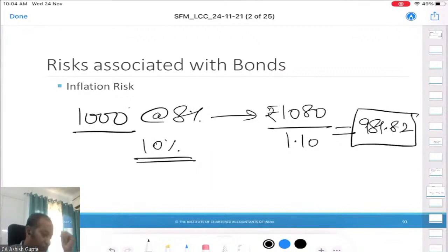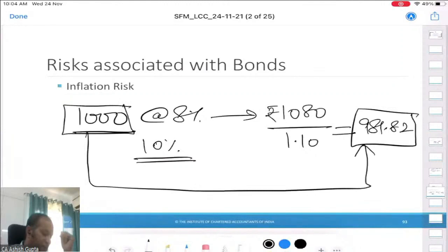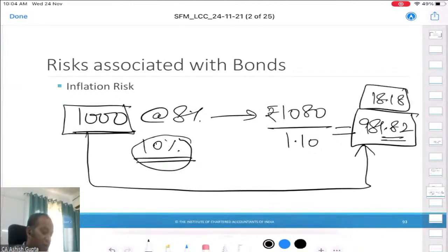So we started with 1000, but if I consider the inflation at 10%, the real value of my investment will be 981.82. So there will be a fall of 18.18 in the value. This is called inflation risk.